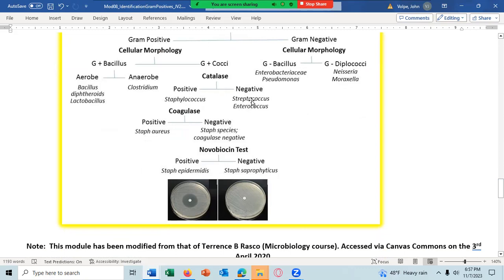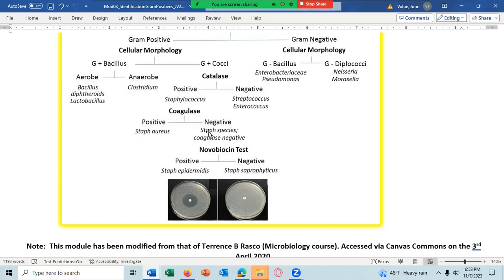In this case, we're going to scratch out the gram-positive cocci that are catalase negative and follow the ones that are catalase positive. Of the Staphylococcus, we can then run the coagulase test. If it's coagulase positive, it's Staphylococcus aureus. If it's coagulase negative, it's some other Staphylococcus species.